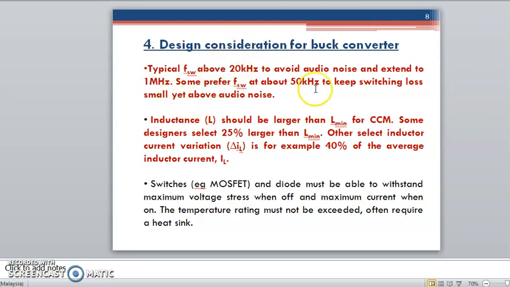Lower frequency should be avoided to avoid audible noise. Higher frequency should be avoided to reduce switching losses.